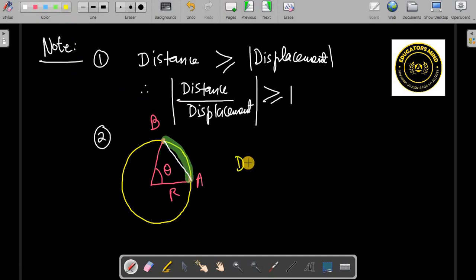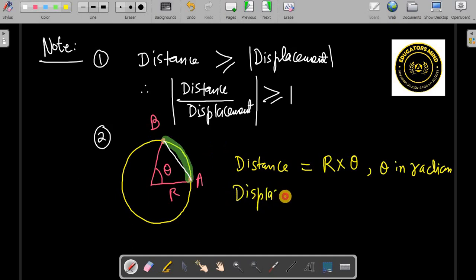So here we should note the formula for distance. Distance is arc length. Arc length is r into theta. Remember here theta is in radians. Radians we have to use. Okay, and what will be displacement?